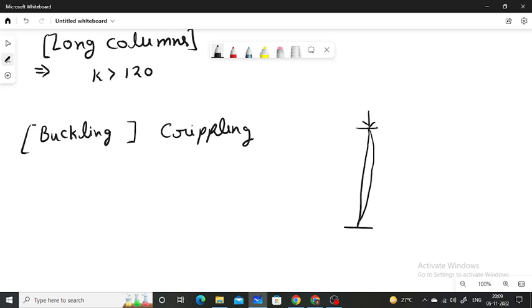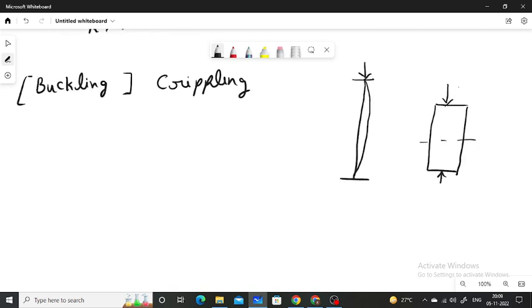Okay, and crushing is defined as when the column is crushed due to the load. That load is known as crushing load. So generally crushing failure will occur in columns whose slenderness ratio is less than 32.